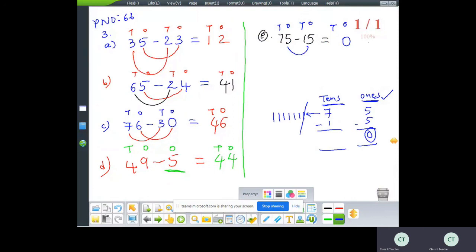After cutting one line from 7 lines, there are 1, 2, 3, 4, 5, 6. 7 minus 1 is equal to 6. This answer 6 we write in the 10's place. 75 minus 15 is equal to 60.